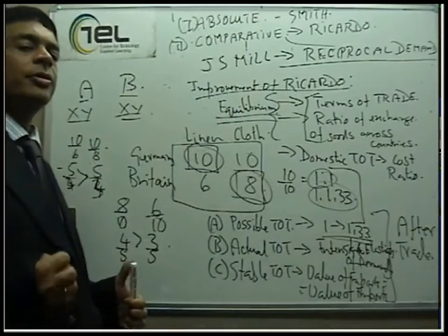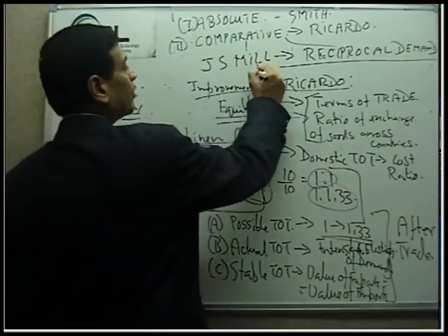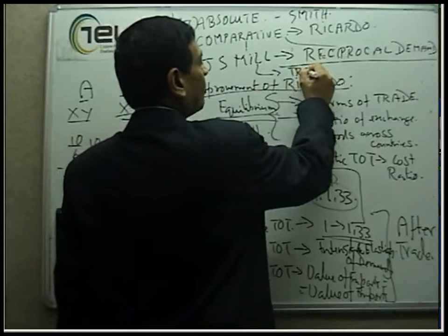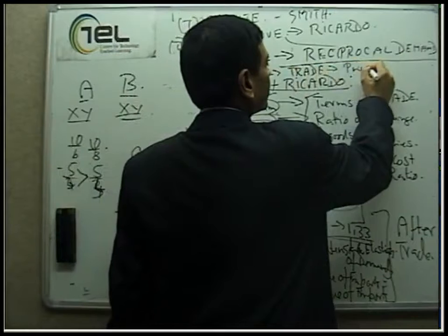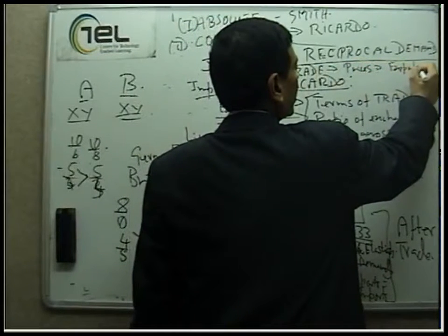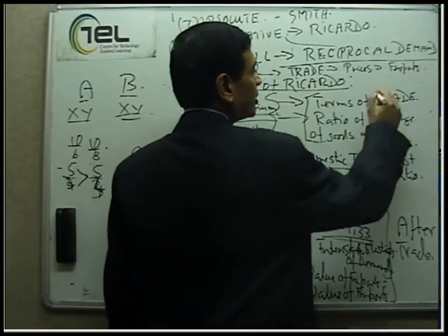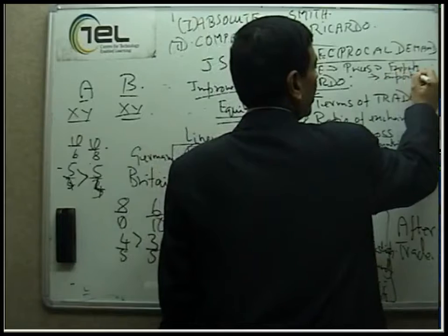In other words, Mill says that trade will take place at prices where the country's export earnings are sufficient to pay for the import.